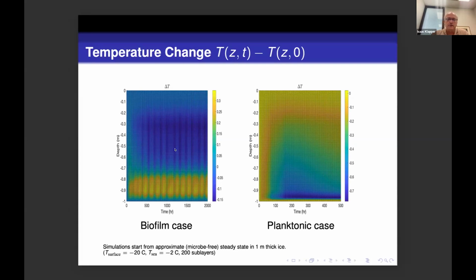So all the extra brine makes the bulk transport properties such that you get less transport of heat. We see that here, and this could easily be an artifact of the model. The microbes shouldn't really be producing osmolyte up here, and they are. But just to note that it's a little bit subtle. In the planktonic case, where there's not much flow, in fact, the temperature decreases everywhere because of this effect.